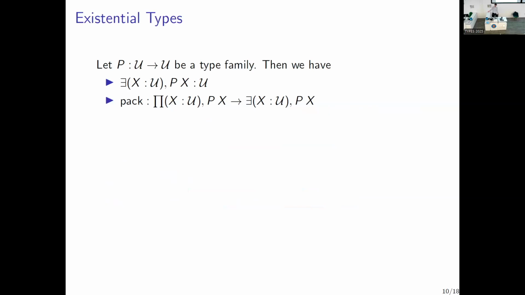So let's start with the existential types. I will only describe the things that we get from them. The construction of these existential types is again using impredicative encodings, the same way as Sensei told us in the past. So what do we get from this existential type? Suppose we have some type family on U, then we get the existential type, which lives again in the impredicative universe U. We get a pack operator, which is like the introduction rule for existential types.